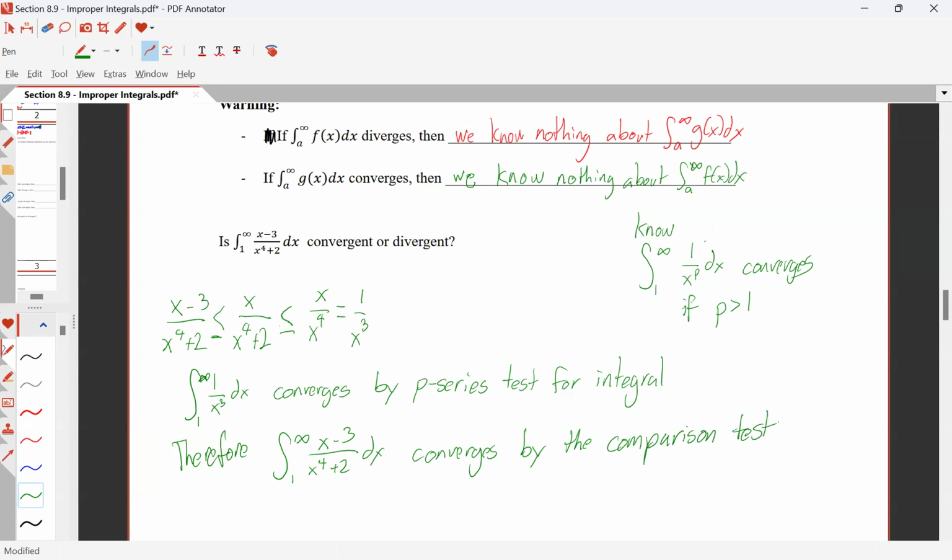What number does it converge to? I'm not sure. I do know this integral came out to be 1/2. So it's going to be smaller than 1/2. What is it exactly? We don't know. We need more work to figure that out. But we at least know there is a number, it would converge.